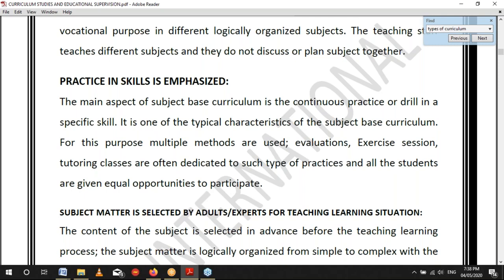Subject curriculum was criticized that it gives importance to the conclusion of the thought, that is the end result, but not the process through which the conclusion was derived. It does not give effective and critical thinking.